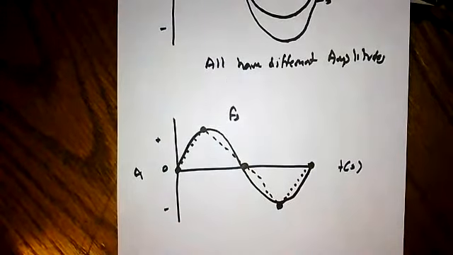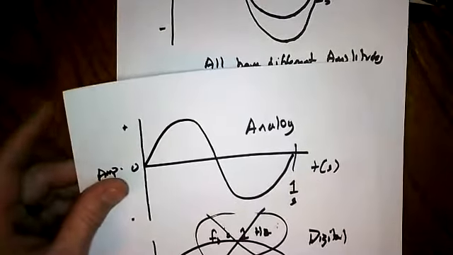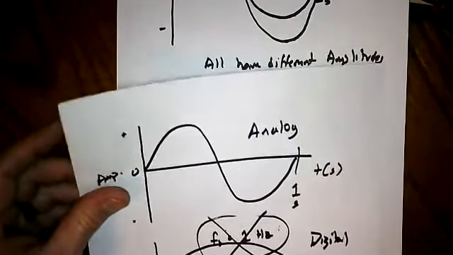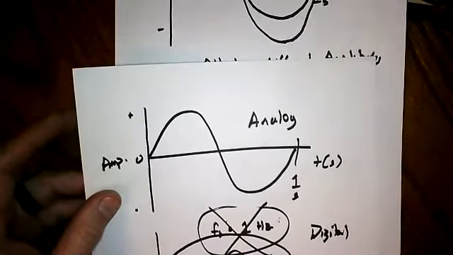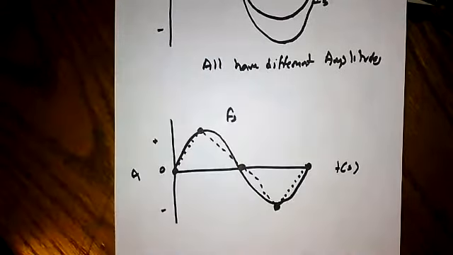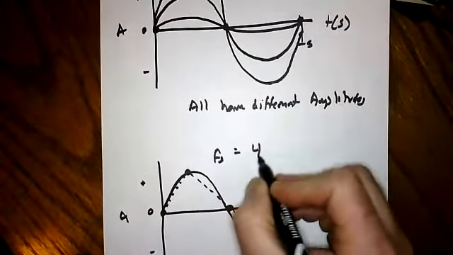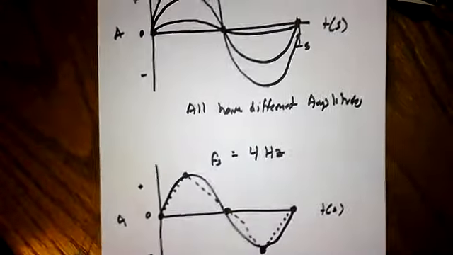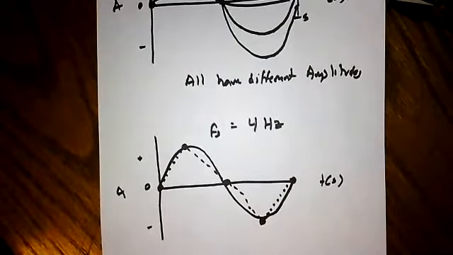And now I can reproduce the continuous time function perfectly, the exact same continuous time function that I had originally, as long as I had a sample rate that was high enough. In this case, I used 4 hertz. But I also needed to tell you that the continuous time function is a sine wave.